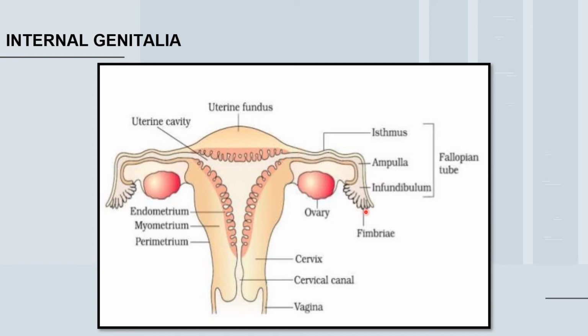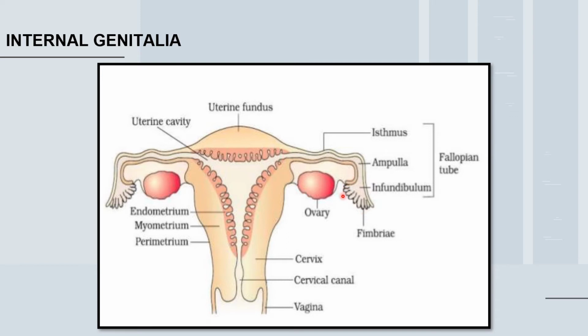The fallopian tube has been divided into three different regions. The initial broad funnel-shaped part of the fallopian tube near the ovary would be termed as infundibulum. This free end near the infundibulum would have numerous finger-like projections called fimbriae.